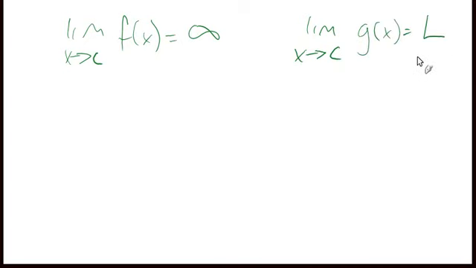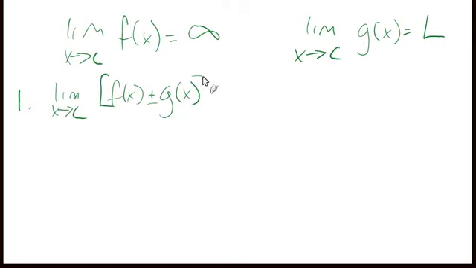There's no going off to infinity, it's just some number. Then what's the limit as x approaches c of f of x plus or minus g of x? Well, the limit of f is really, really big. It's positive infinity.